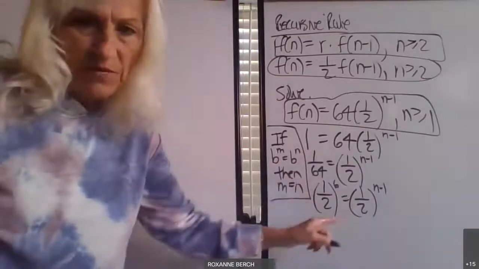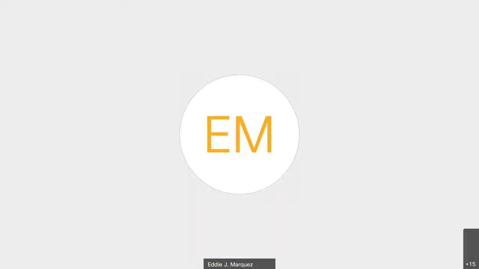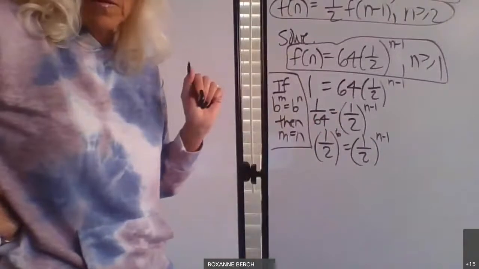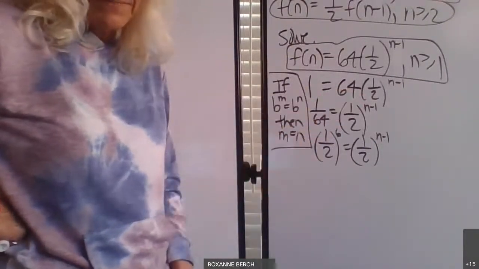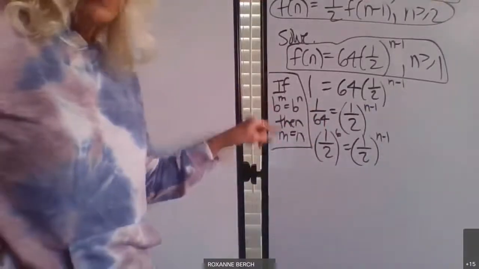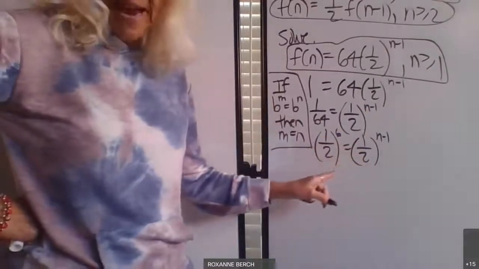Did you guys follow this part though, right here? Wait, so how did you get 1/64 to 1/2? Okay, hold on. Does everybody see how I divided both sides by 64? Now you're asking how I got 1/2. What I'm trying to do is use this property over here, so I'm getting the bases to be the same.